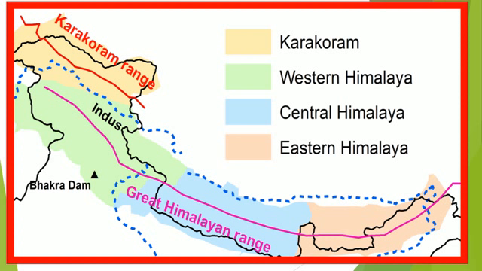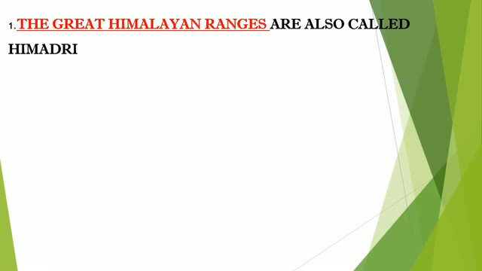So this purple color line is showcasing you the Great Himalayan Range, or you can say Himadri Range. This range is having certain features that I'm going to tell you now. Now, the Great Himalayan Range are also called Himadri. I have told you this.